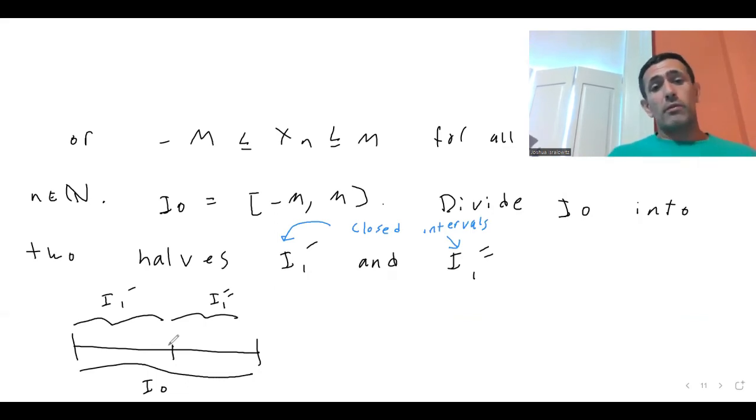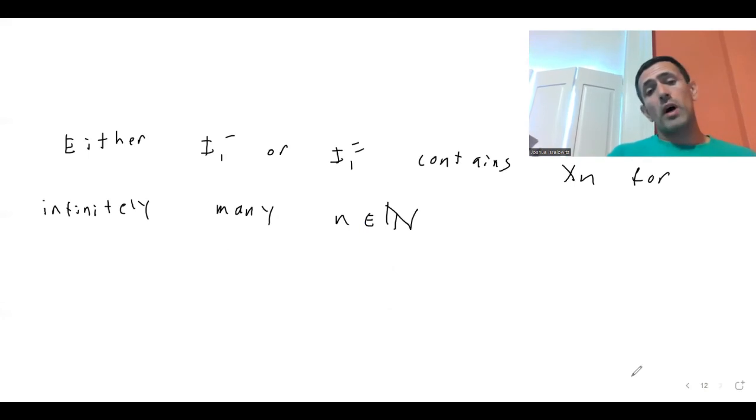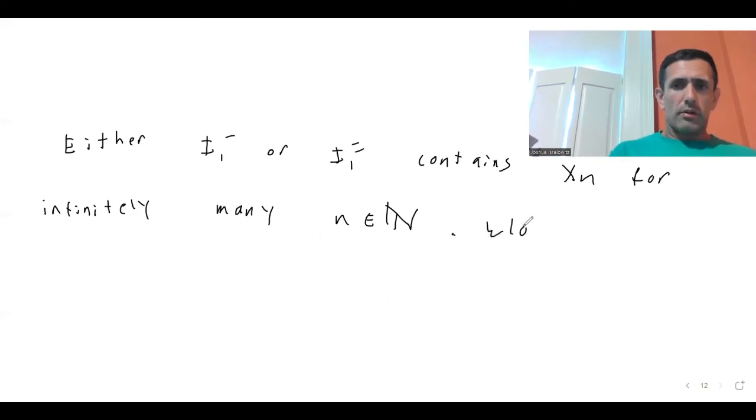We pick a bound for x_n that works for all n, so all of the x_n's are in this interval. So either the left half or the right half has to contain x_n for infinitely many n. Again, otherwise, this whole interval does not contain all the x_n's. Okay. So without loss of generality, I don't care which one it is. Let's just say it's I_1 prime.